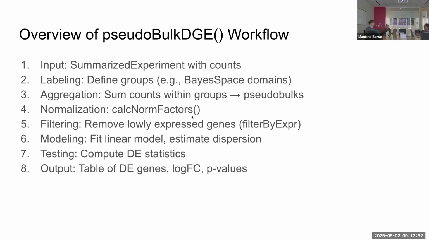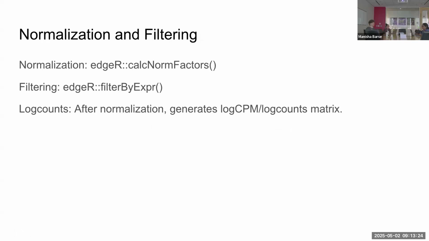And for filtering, that is removing the lowly expressed genes, it uses filterByExpr. Then it also does modeling: it fits the linear model, estimates the dispersion, and then computes the differential expression statistics. And as the output, it gives a table of differentially expressed genes, log fold change, and the p-values.